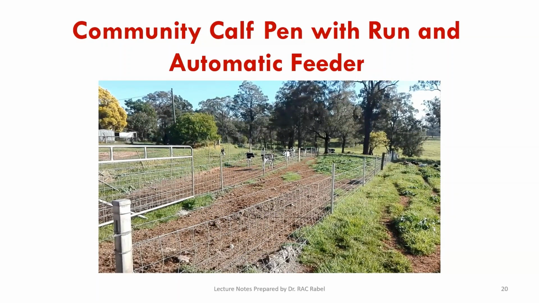However, of course, you can think of cons of this system also, where it will be an expensive setup, right? And then if you think of the floor here, it's either grass or soil. So soil can get muddy. If it's grass, then they can consume grass that they're not supposed to eat, right?